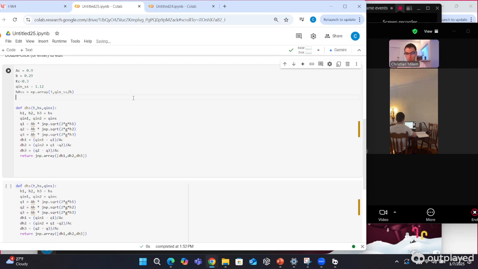And then our set point, so H3 set point. Again, we're only looking at the height of the third tank. So our set point is going to be in relation to that.